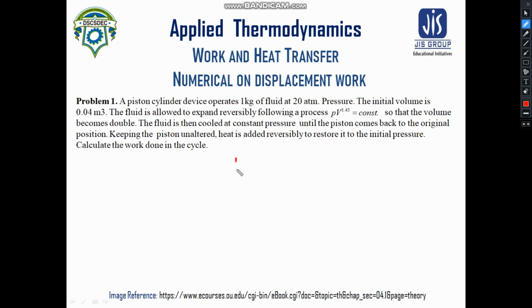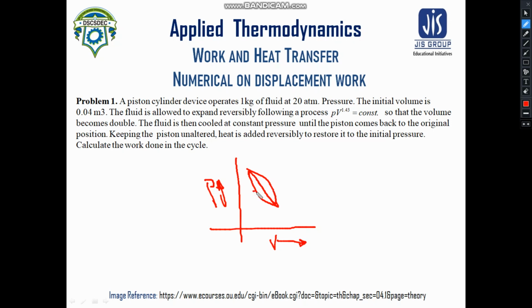Just to mention it, this was the curve. This was P and this was V. One thing you should remember for your lifetime: area under the PV curve is the net work done.